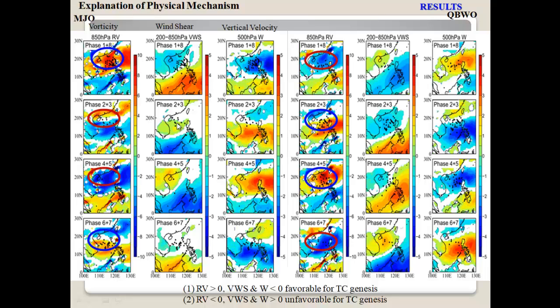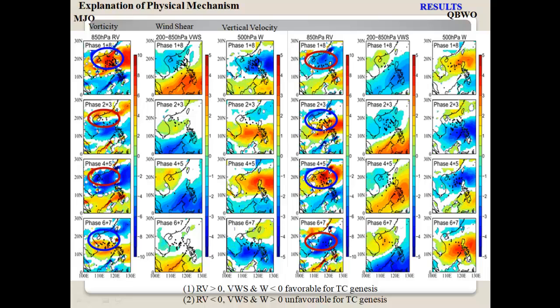The downdraft, high vertical wind shear, and divergence in the low level are opposite to the conditions in the active phase of MJO. So this condition is not favorable for the convective system in the TC warm core. So it explains why we have less TC genesis than climatology in the weak phase of MJO.